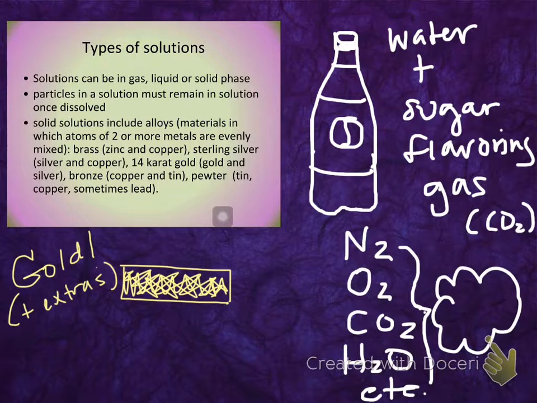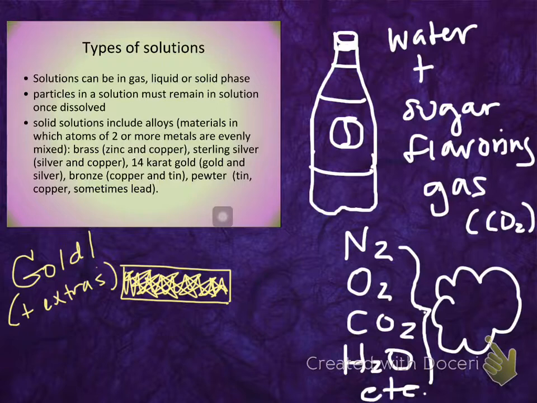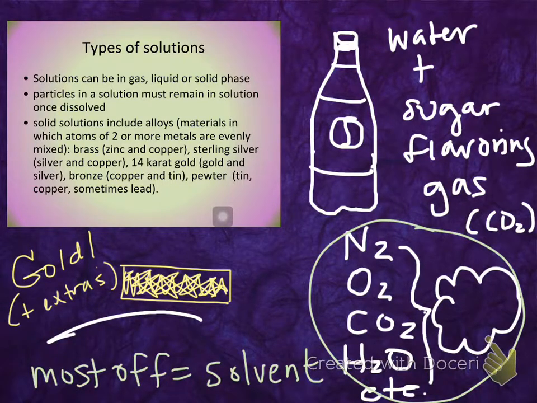Whew, that's convenient. Now, we said that in the classic solution, where we take a liquid and dissolve a solid into it, the liquid is the solvent and the solid is the solute. This changes a little bit when we've got things like solid solutions or entirely gaseous solutions. In those cases, we usually consider whatever there is more of to be the solvent, the predominant ingredient, as it were.